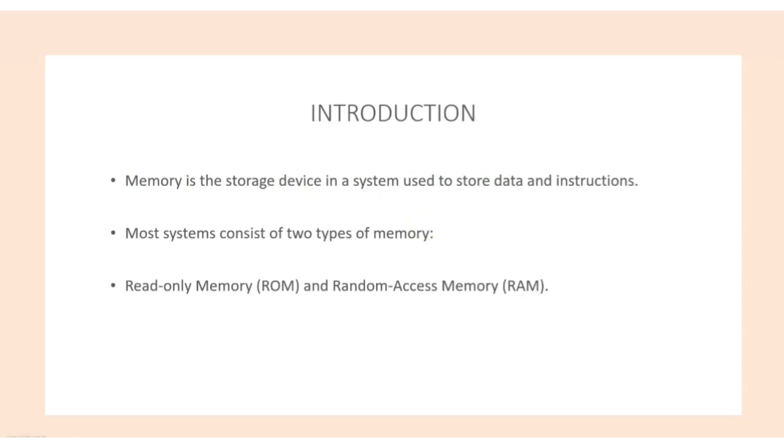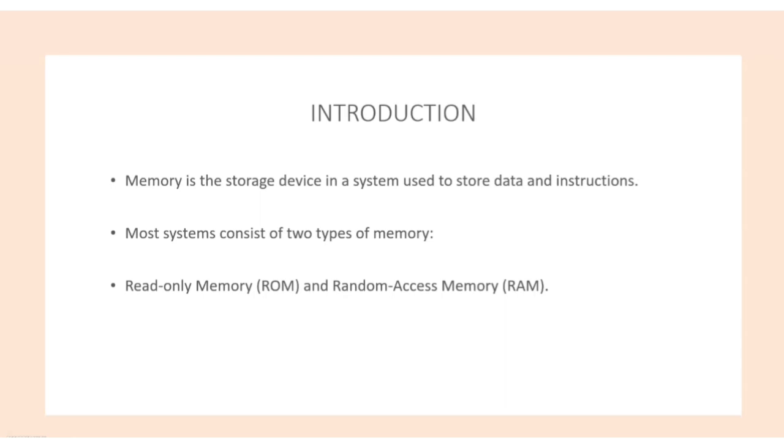Read-only memory means it can only be read. Mostly we will store the ROM image, or the final executable code of the system program, in the ROM, and the frequently accessed or modified data will be stored in the RAM, that is, the random access memory. That is the general way of storage.